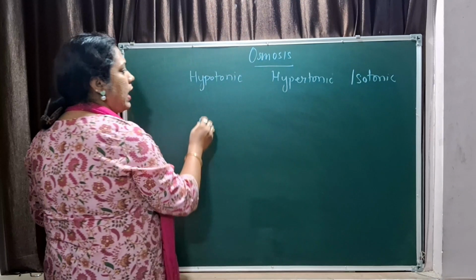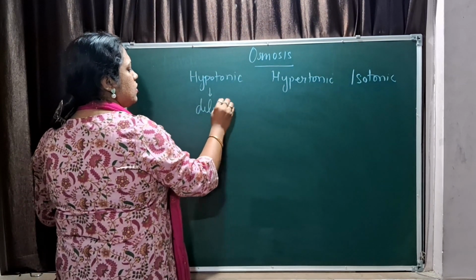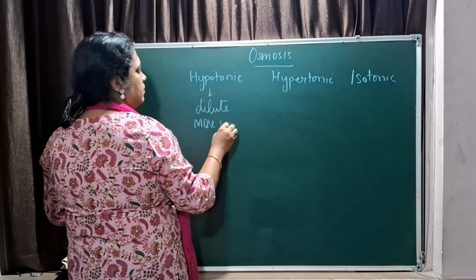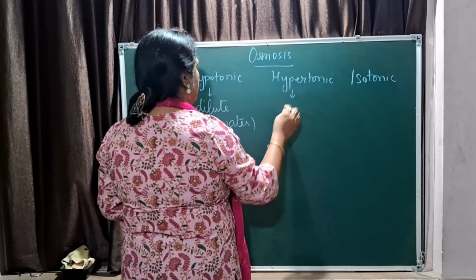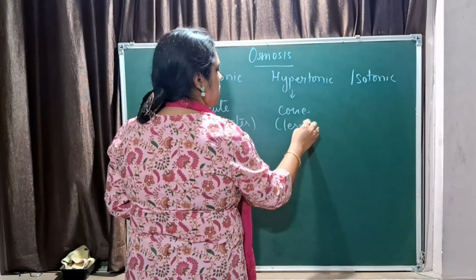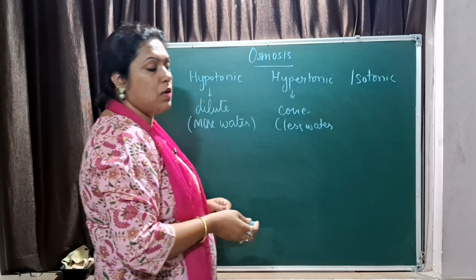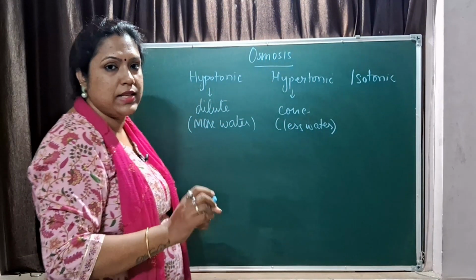When I talk about hypotonic, it means it is a dilute solution, that is more water. Hypertonic is a concentrated solution, that is less water, like sugar syrup. And isotonic is when the concentration is the same as that of the cell.